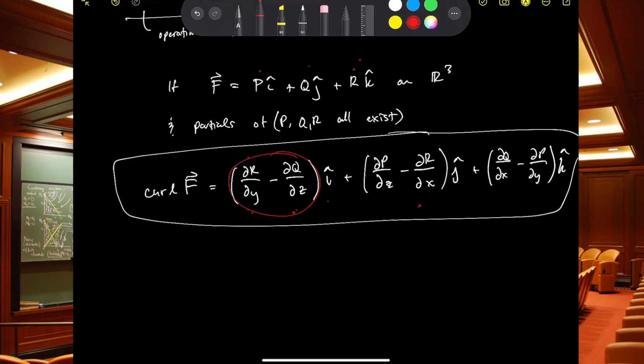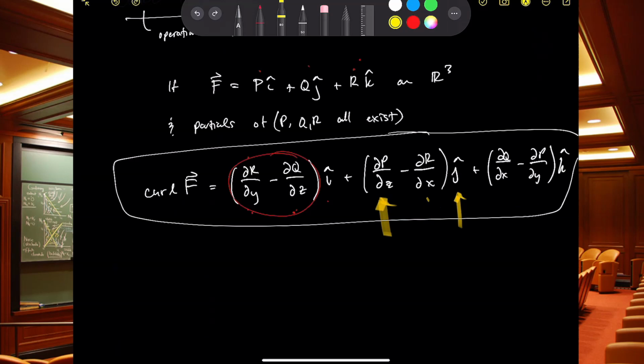And same here. You'll notice none of these partials, here or here, have anything to do with your y direction. This is how x relates to z and how z relates to x. And then the last thing over here, same deal. For your z component, your height magnitudes, how much is your y twisting around your x, how much is your x twisting around your y?